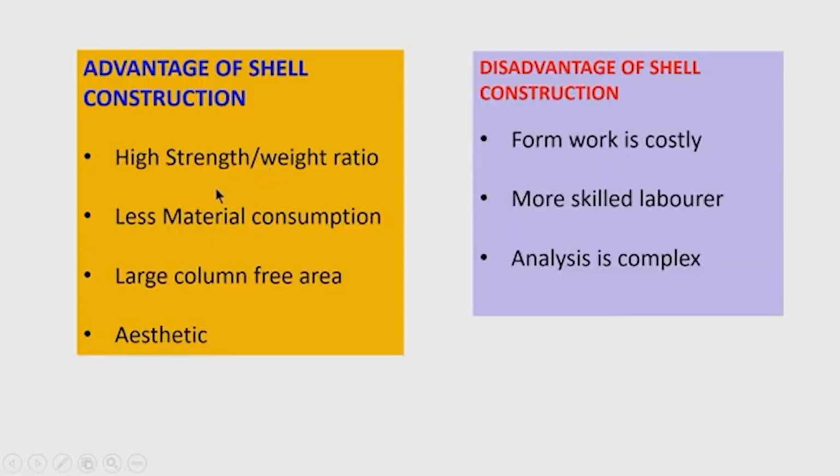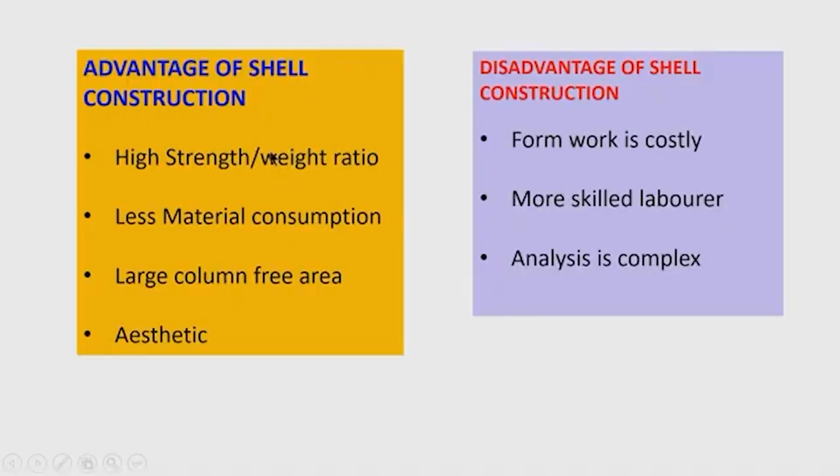Now, if we see the advantages and disadvantages of the shell, first, a high strength weight ratio is achieved in the case of shell. Because of the reduction of thickness, the self weight becomes less, whereas the strength and rigidity is high, even though the thickness is small.